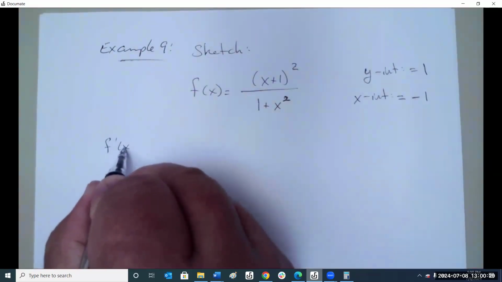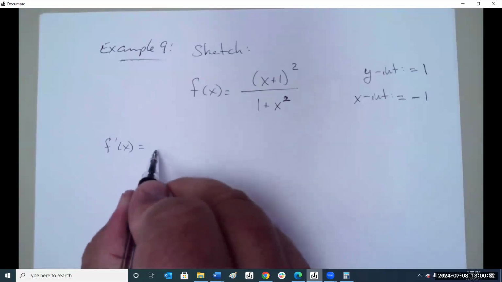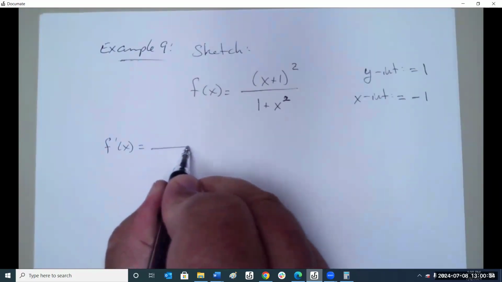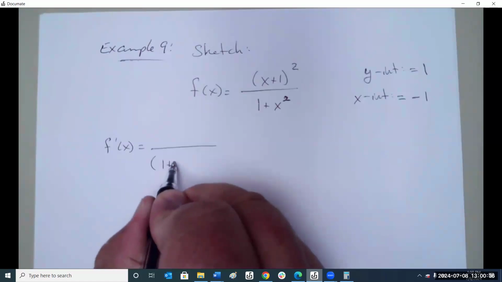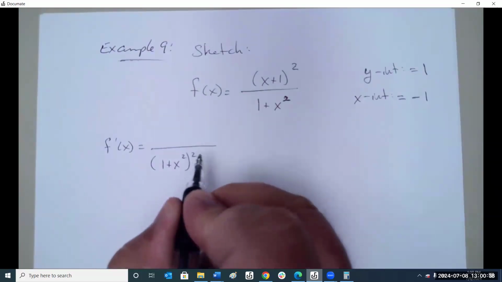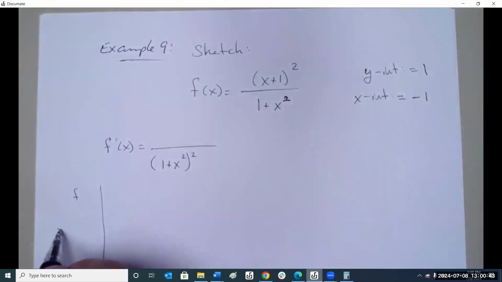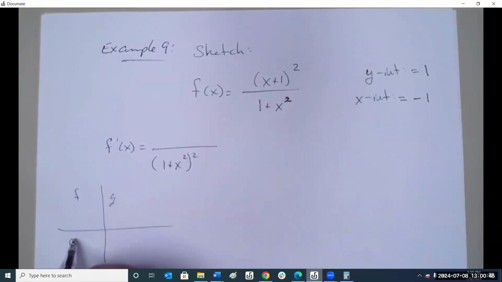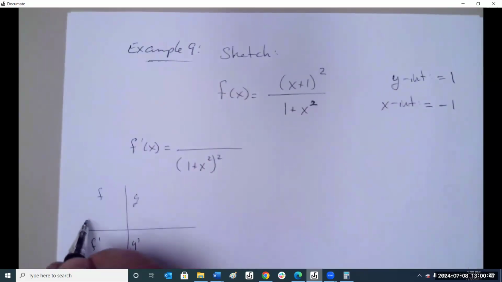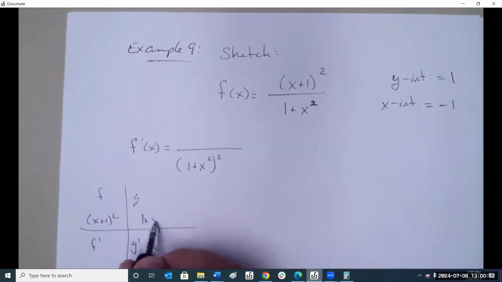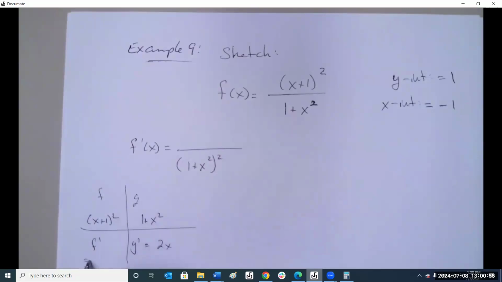So now we've got to find the first derivative. We have (x plus 1) squared, and 1 plus x squared makes it 2x. 2x plus 1 times 1.